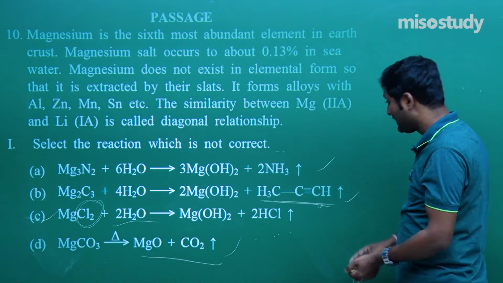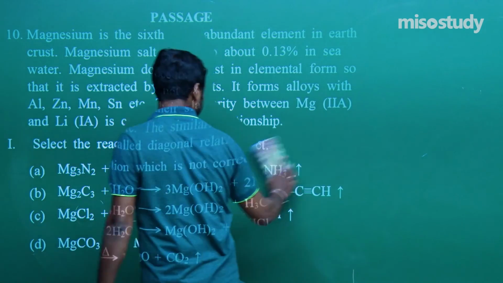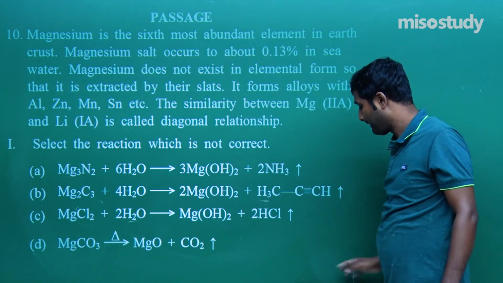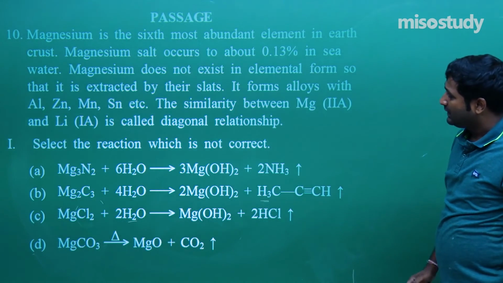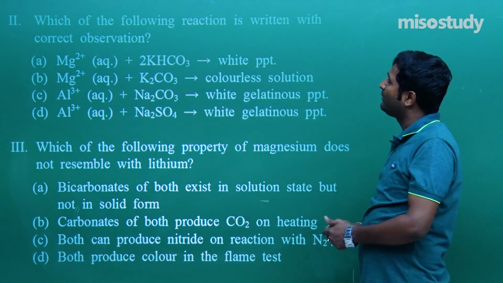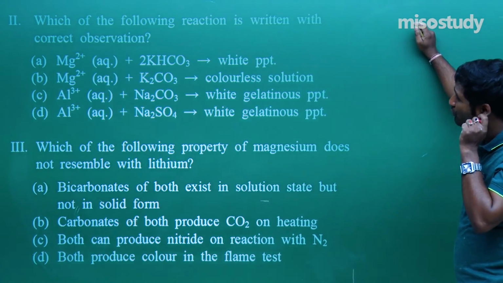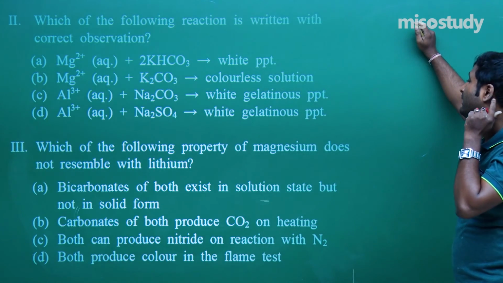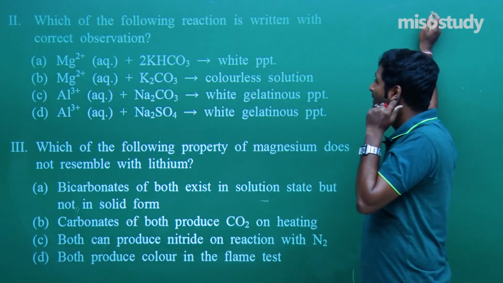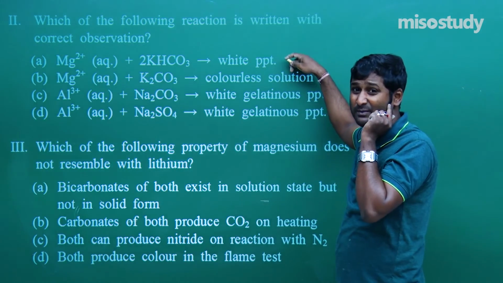Now let's move to the next question. Which of the following reactions is written with the correct observation? Now tell me what will happen. Mg2+ plus KHCO3 will form Mg(HCO3)2, where there is no possibility of a white precipitate.